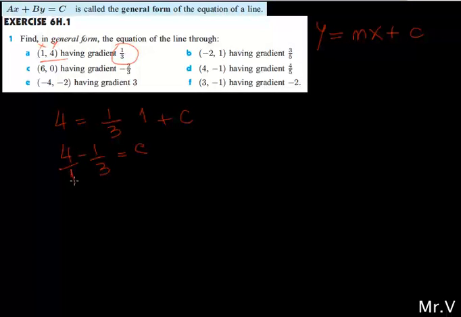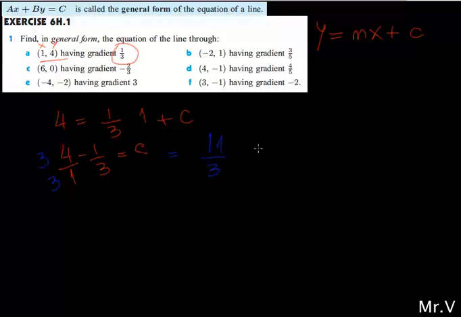Just simplify the equation. We know that 4 is 4/1. We have fractions, and what we need to do is to have the same denominator. So you have to times 3 the numerator and denominator. At the end we will have 12 minus 1, that will be 11/3.